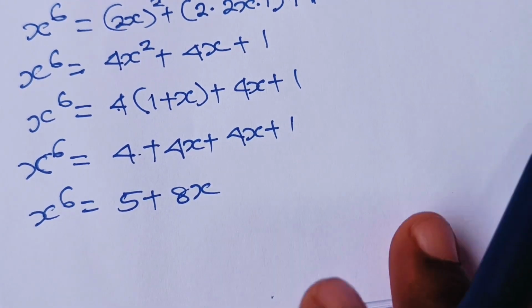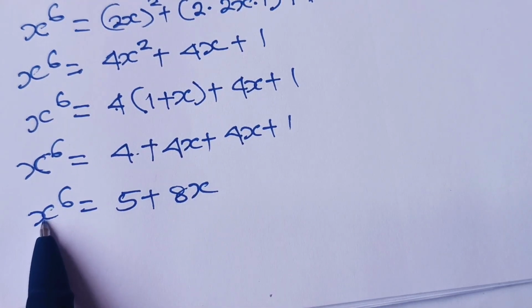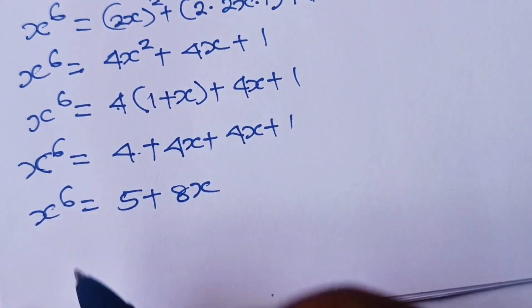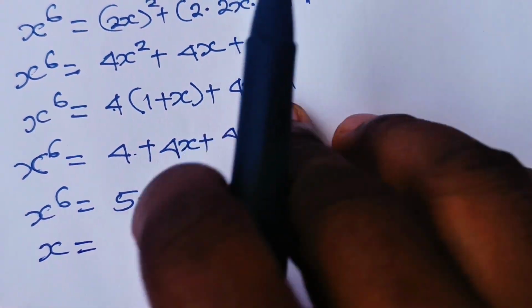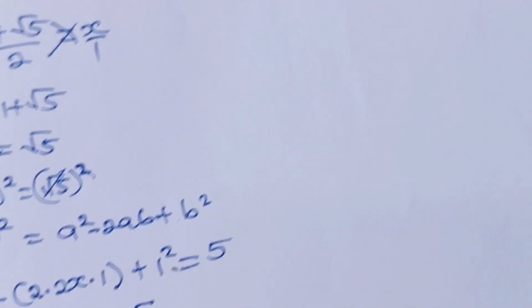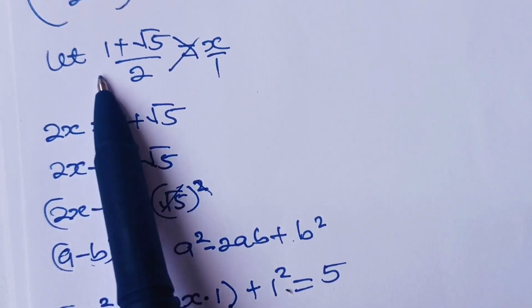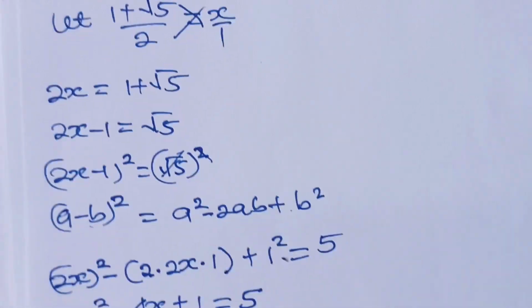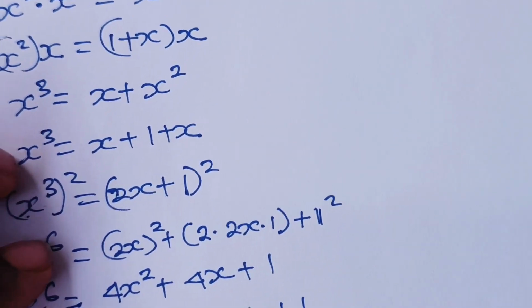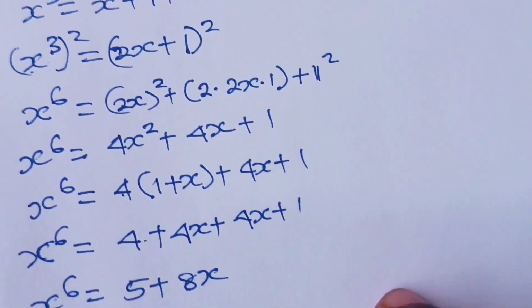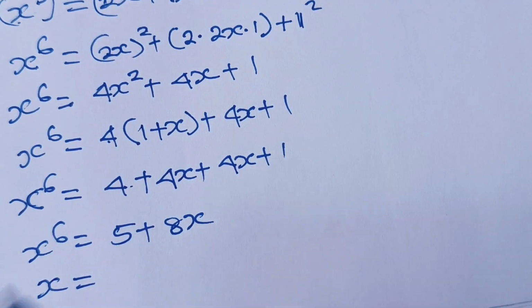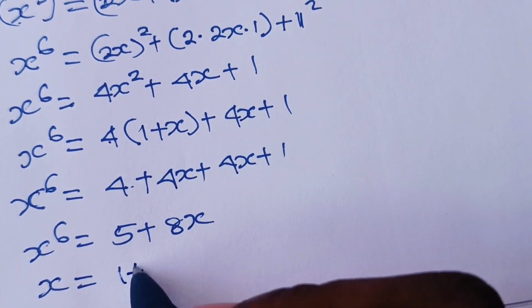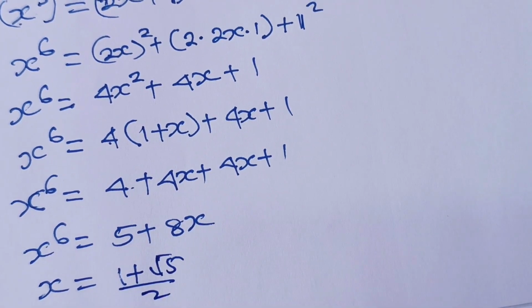Thank you very much. Now, at this point, we are going to substitute the value of our x. Recall that we said let x be equal to, let me show you. Recall where we said, right? Let x be equal to 1 plus root 5 divided by 2. So this time to take it or put it back. So we are going to write our x is equal to 1 plus root 5 divided by 2.